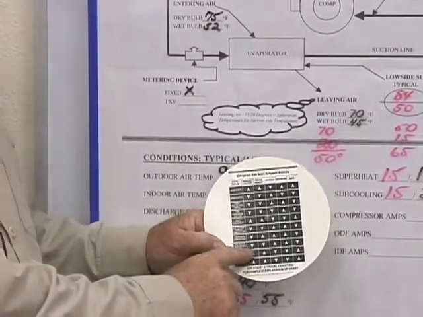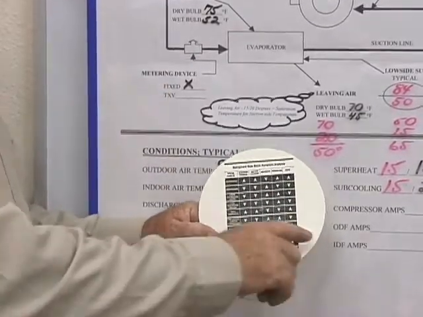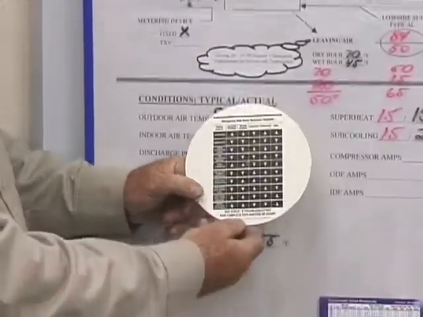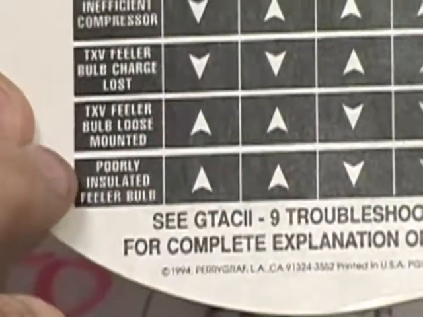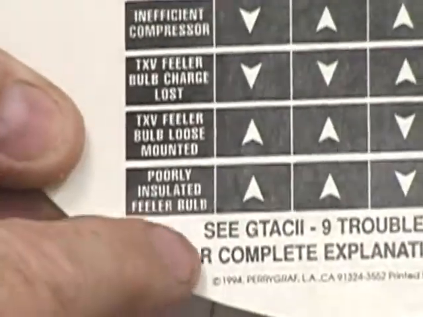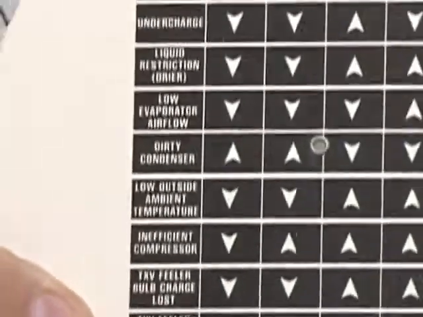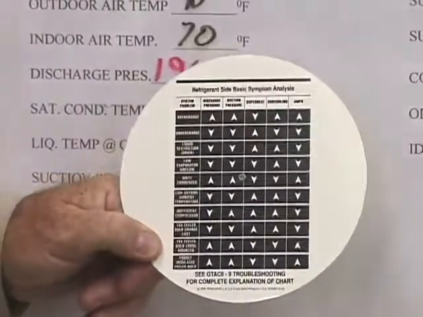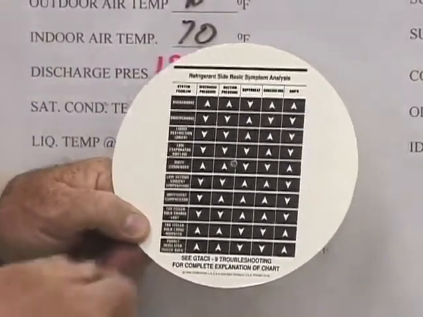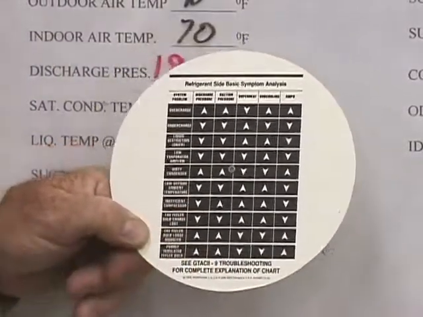So therefore, it could not be that problem. So you can eliminate that right off the top of the bat. And then the next one that says high head pressure is poorly insulated feeler bulb. Again, we have a fixed metering device. We don't have a TXV, so that can't be the problem. So those two right on the bottom are eliminated.